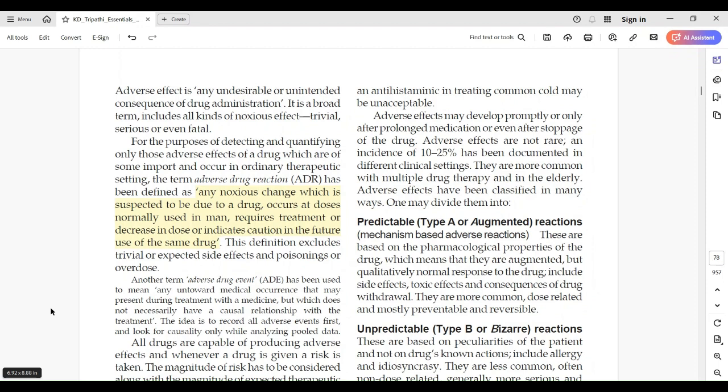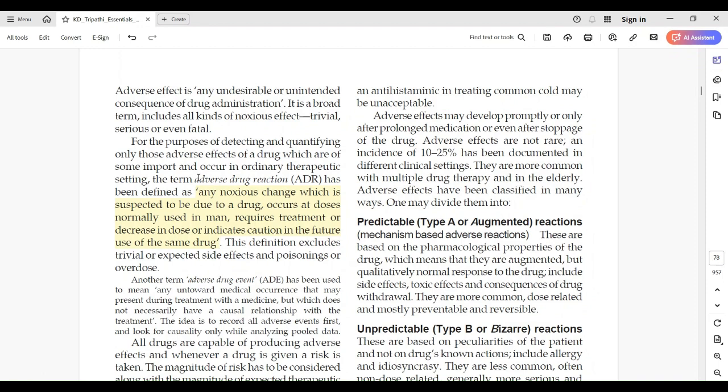So to differentiate between adverse effects caused by a drug and adverse reactions caused due to some other reason, there is a term called adverse drug reaction.